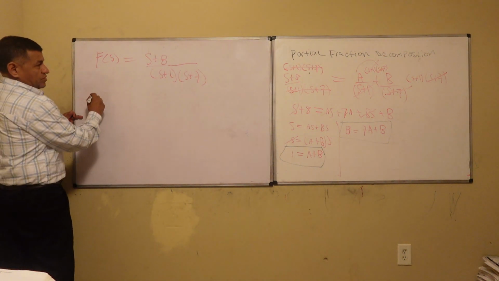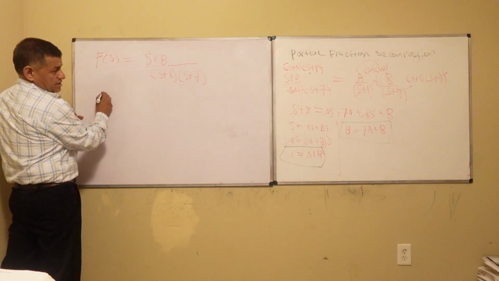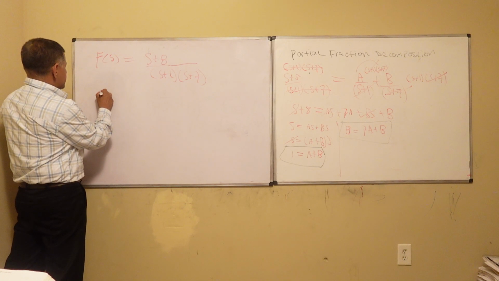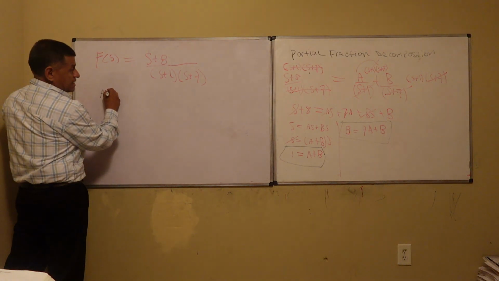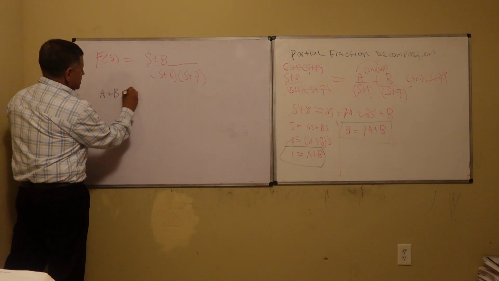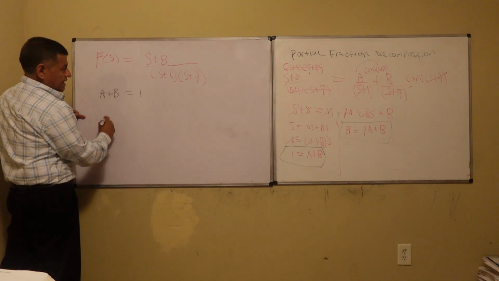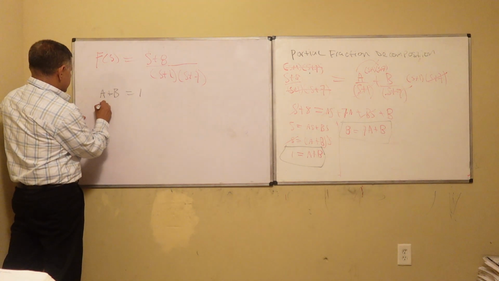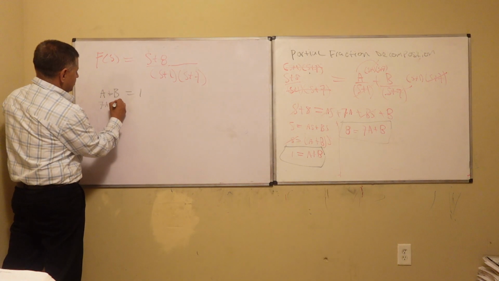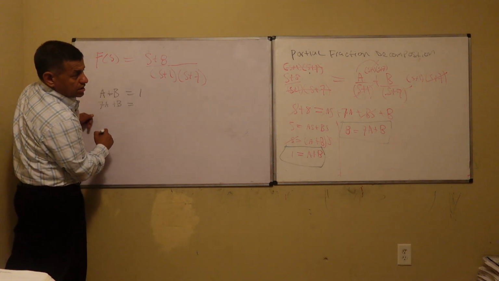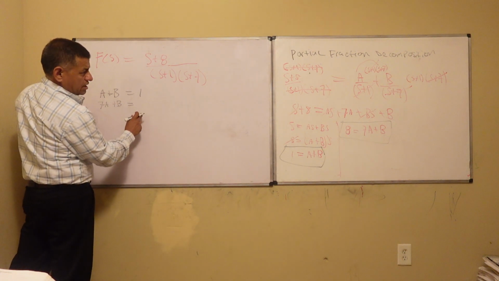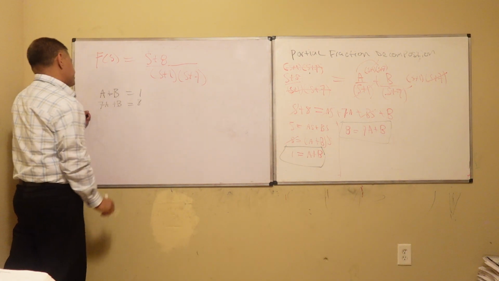So let's do A plus B equal to 1, and let's do 7A plus B equal to 8. Okay.